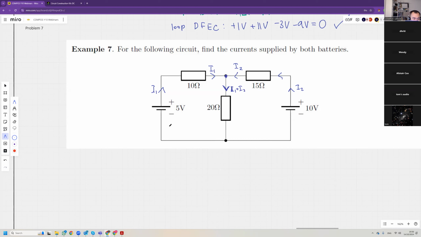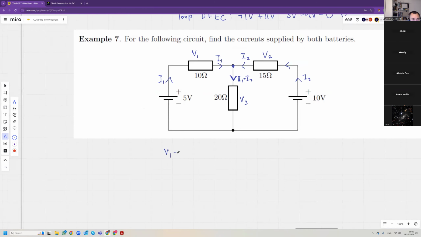Now let's label the voltages. This is battery 1, this is battery 2. We call this V1, this V2, and this V3. We know that V1 is current times resistance, which is I1 multiplied by R1, which is 10, so 10 I1.